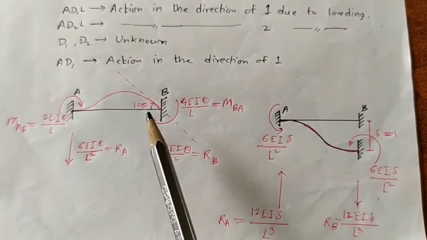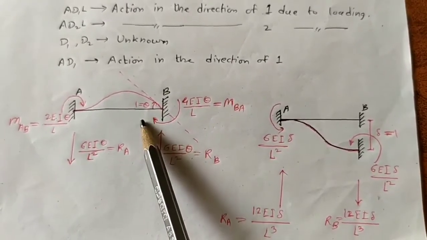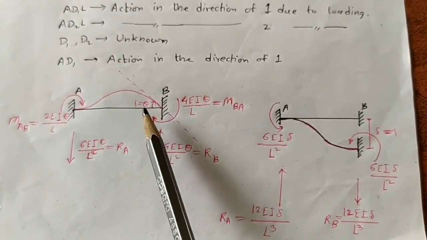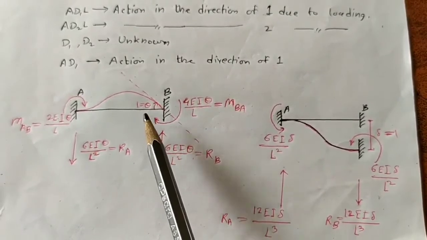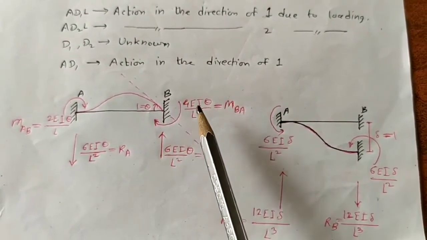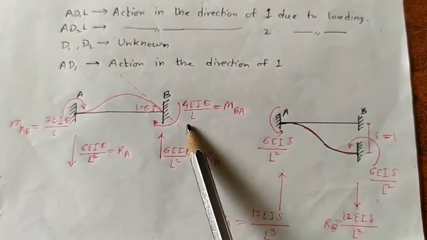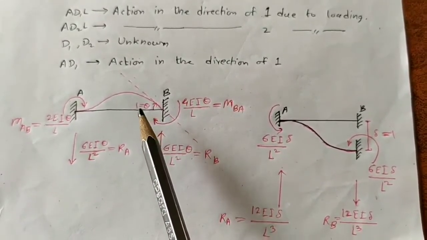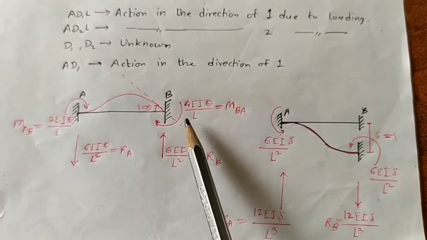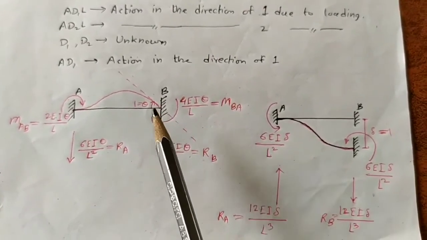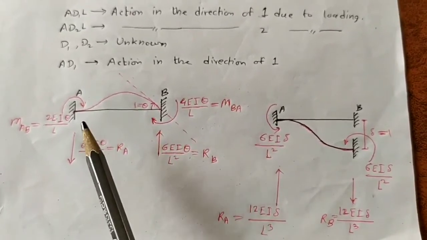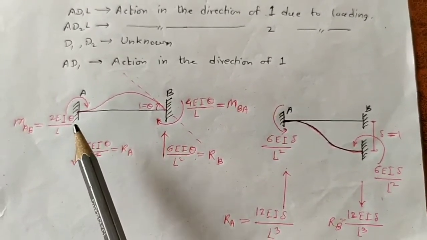Now come to the first diagram. If I want to get rotation theta equals to 1, then 4 EI theta by L is the moment required to be applied. Now, if I apply this moment at this end, at the next end half of this moment will get carried over.